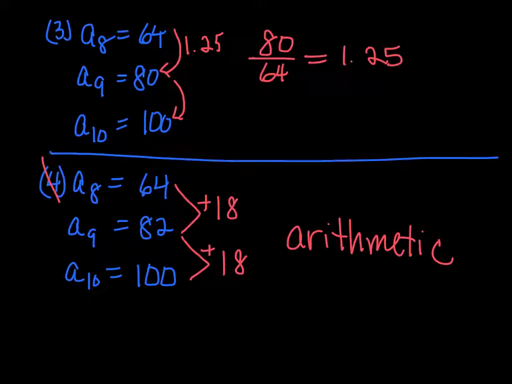Then I'll take 80 and multiply it by 1.25 and see if I get 100, which I do. So if I'm multiplying by the same term every single time, that makes the series geometric. So 80 can be a sub 9, and they want to know which one can't. So I'm going to cross off choice 3 as well.